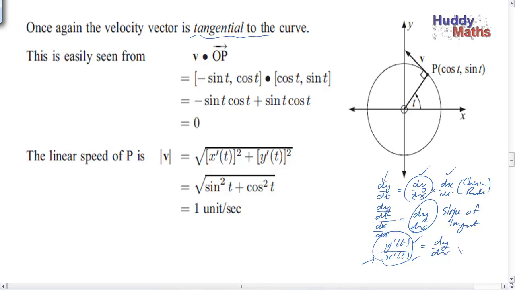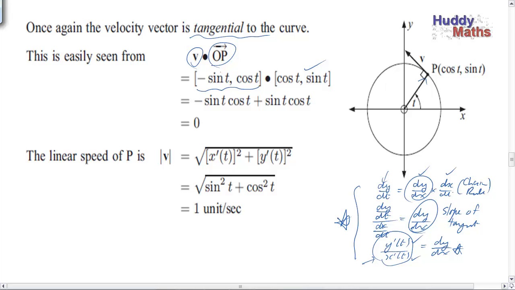So we expect that. Let's test the idea by saying, all right, let's find OP. OP is that vector there. Now we're saying the velocity vector, this is our conjecture, was that. Does it work? Does it check out against the idea that the velocity vector should be tangential to the curve under that chain rule discussion? Here we go.